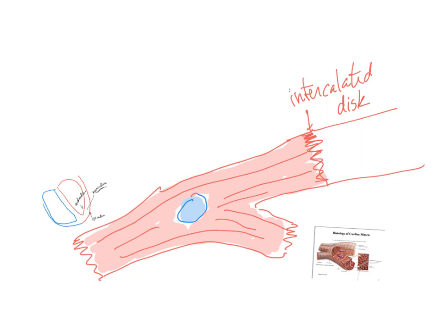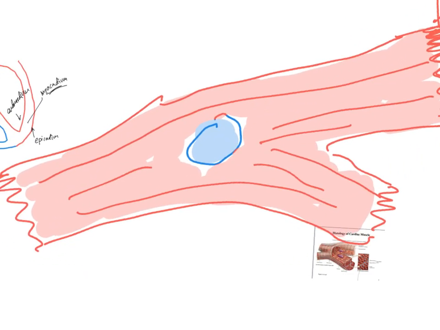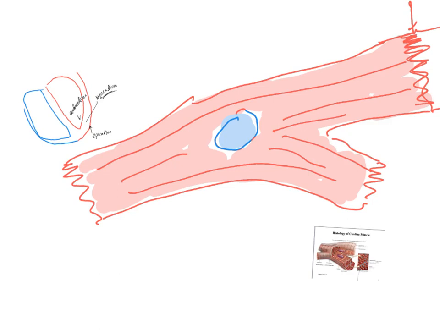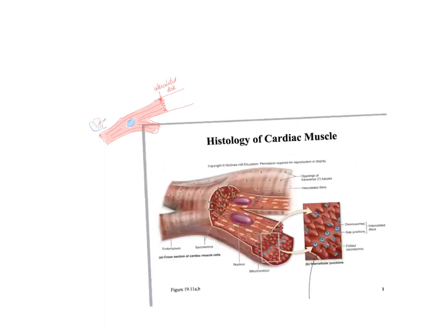And then there are desmosomes, where the cytoskeleton is connected between cells, so that when they contract, they will pull on each other. We'll talk about that in a little bit. But that's my drawing of the day, my lovely heart muscle cell. It's pretty good, right? Humor me. Oh, my kids are better artists than I am.